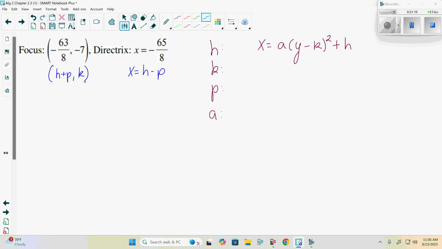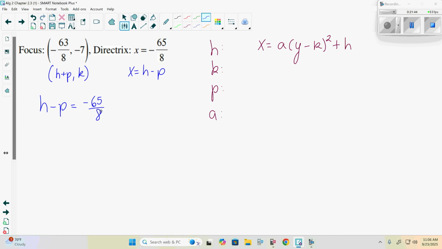And this is the hardest of all the setups because it adds one step. That's all that makes it any different. Because if we look at this, the directrix told us that h minus p is negative 65 over 8. Whatever h and p are, when we subtract them, we get negative 65 over 8.